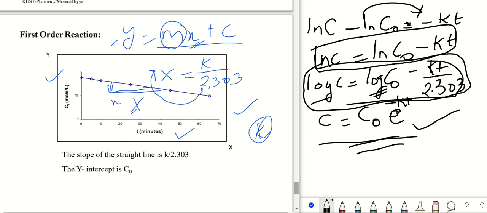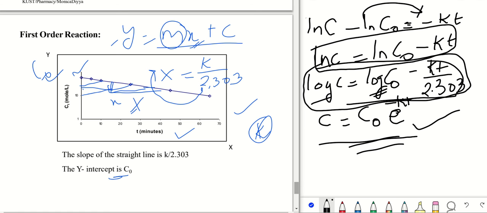and of course the y-intercept would be c naught, the initial concentration. See, the initial concentration slowly gets decreased. So from this kind of graphical plot we are able to determine, of course, c naught and the changes, ct also.